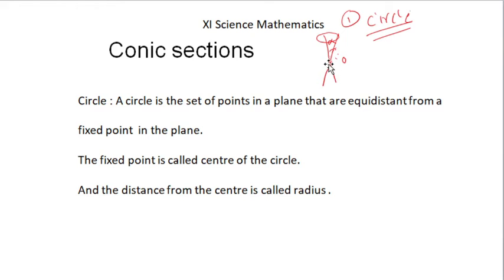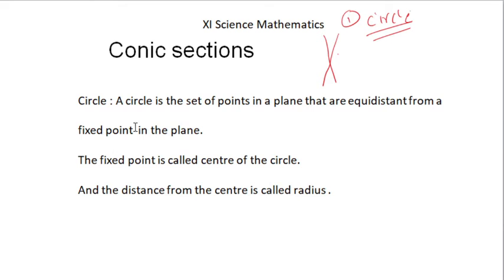Now see here, how to define a circle, or what is the exact definition of a circle? A circle is a set of points in a plane that are equidistant from a fixed point in the plane.